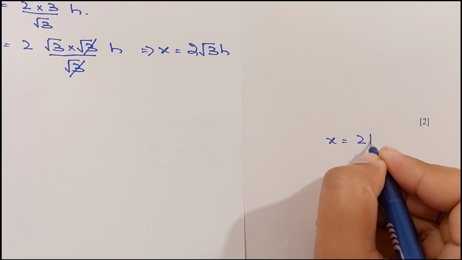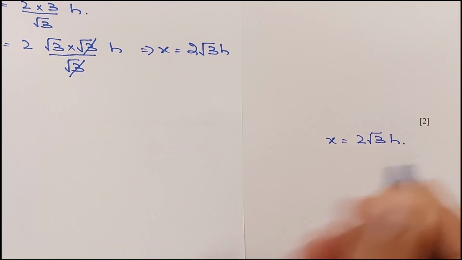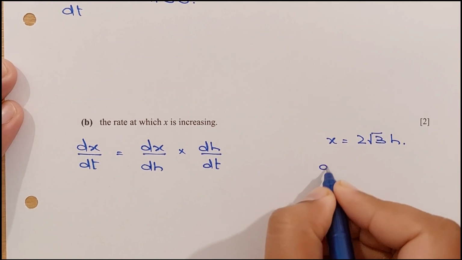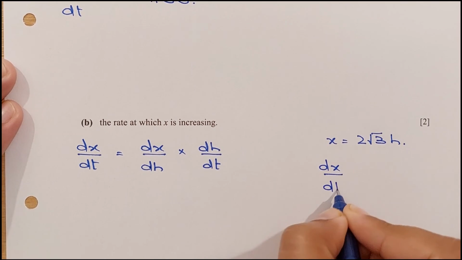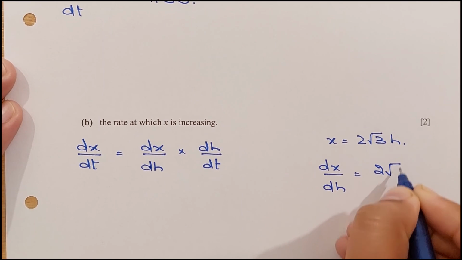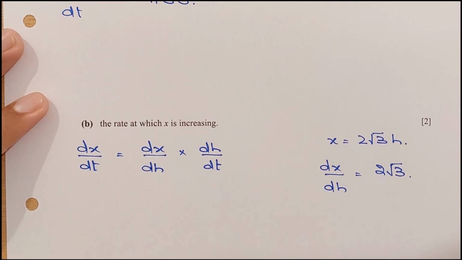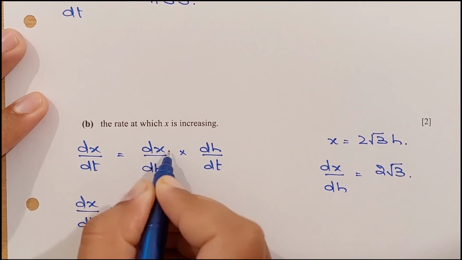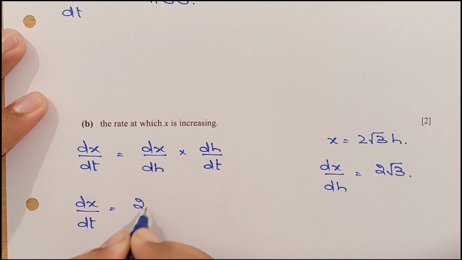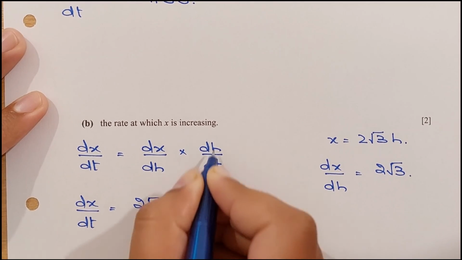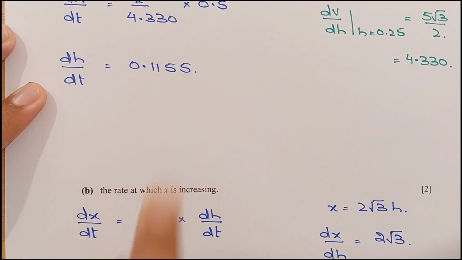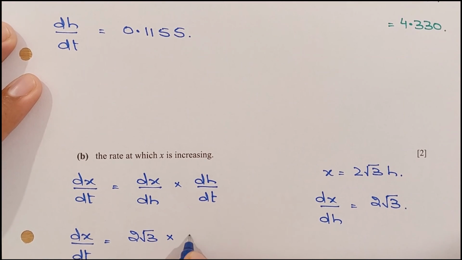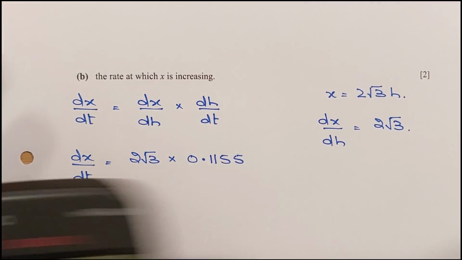This is your x value, 2 square root of 3 h. Let me find the derivative of x with respect to h. This is just 2 square root of 3, right? So dx over dt is dx over dh, that is 2 square root of 3, times the derivative of h with respect to t, which is 0.1155.